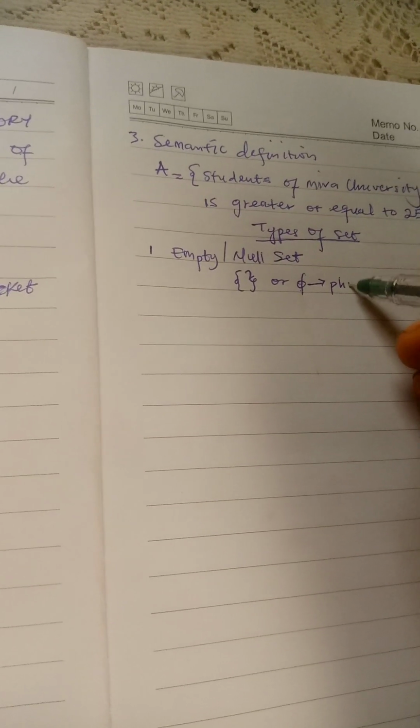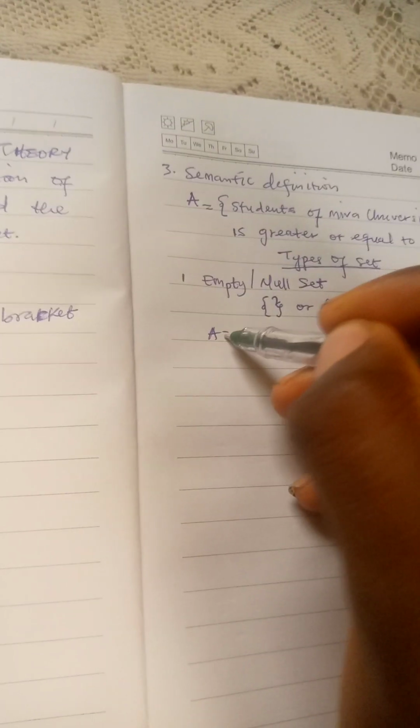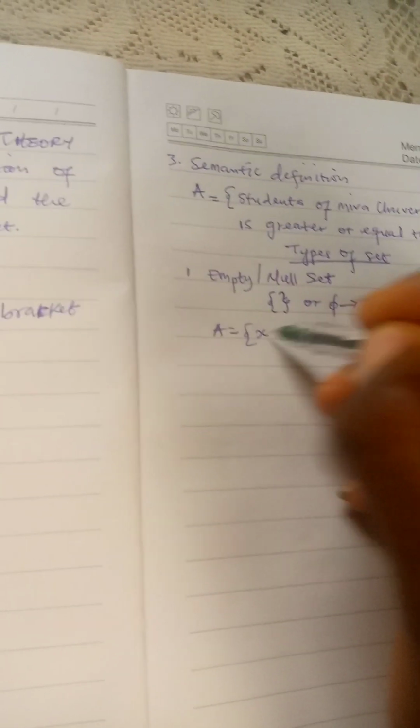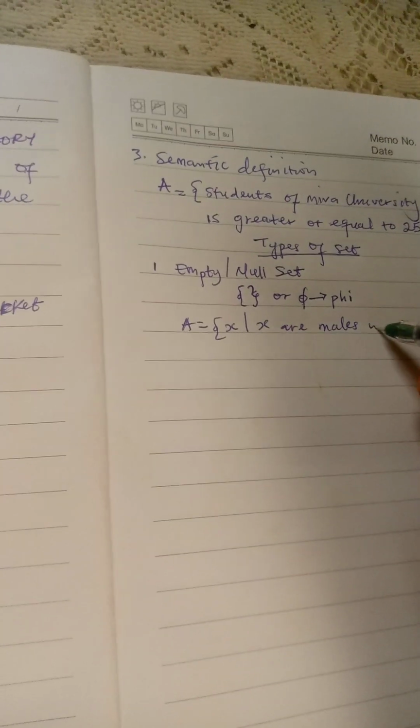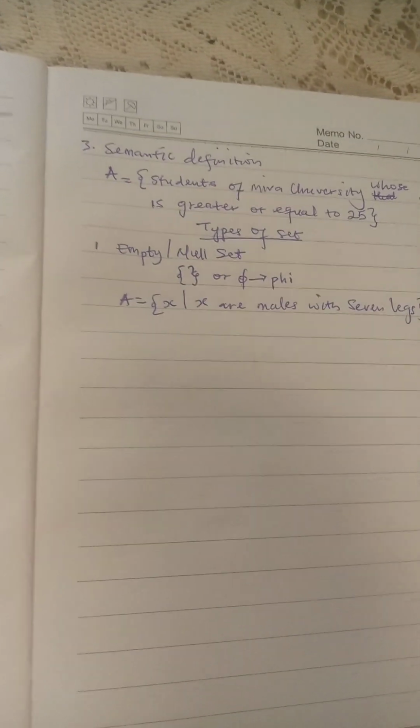For example, if we have A equal x, where x are males with 7 legs, I don't think there are males with 7 legs in this world.